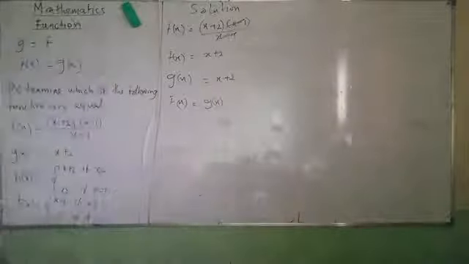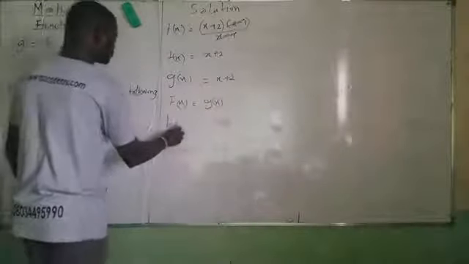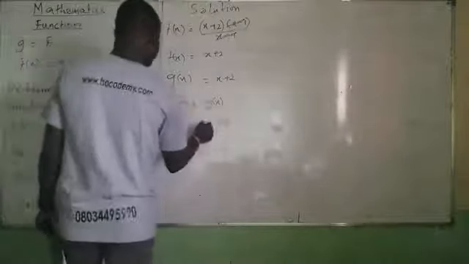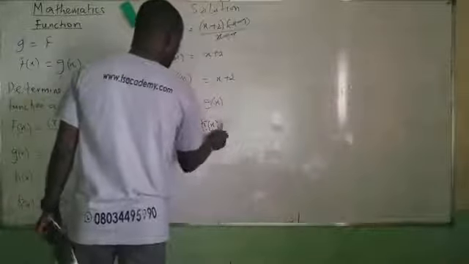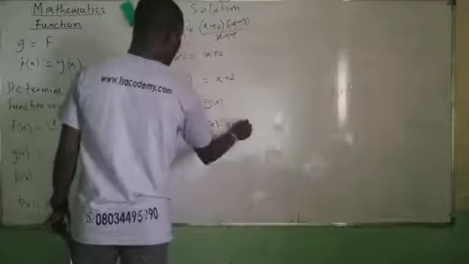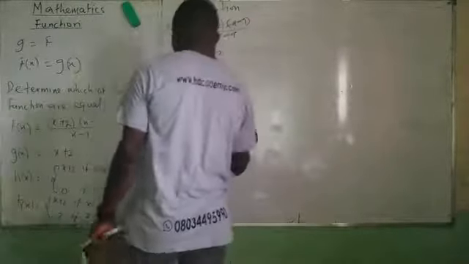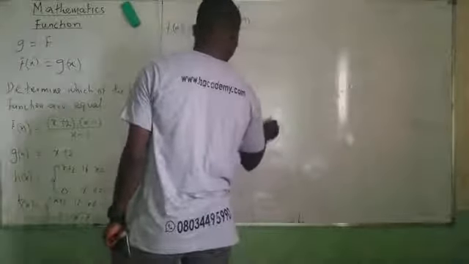Now, you can notice that my h of x and the k of x are equal for every x not equal to what? 1.